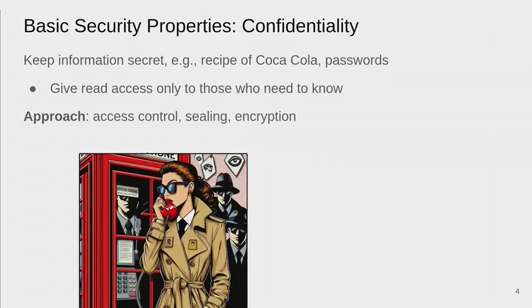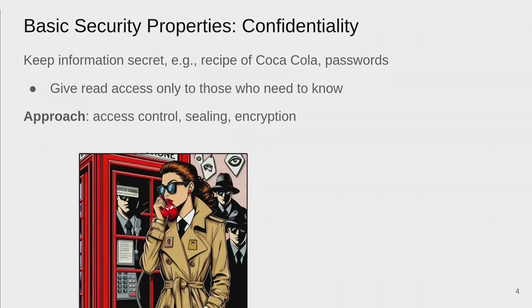We're going to start with confidentiality, and confidentiality is one of the key basic properties that describes how to keep information secret. For example, the recipe of Coca-Cola, your password, or some other sensitive information.